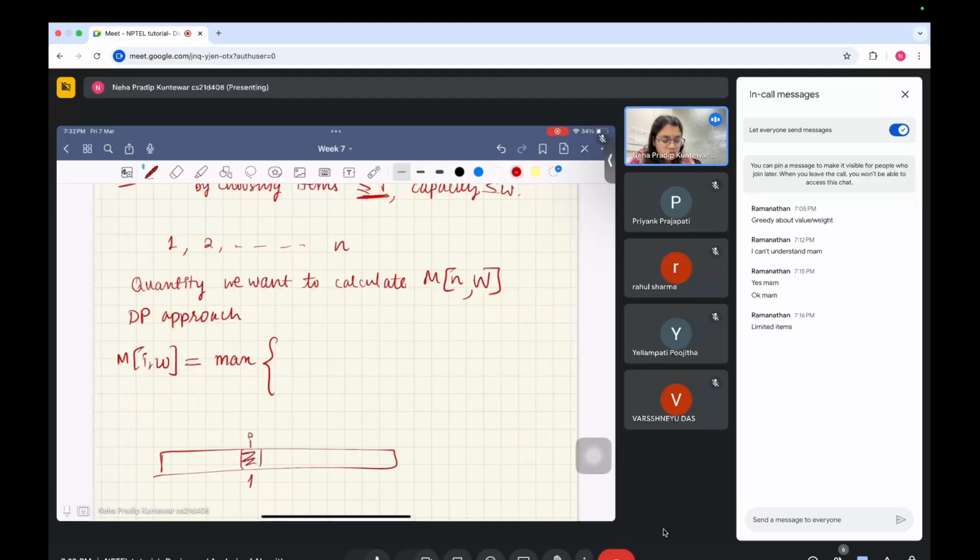Maybe taking this is going to give me the maximum. In that case, let's say I take the item. Then what is the value that I get? The value I get for that is Vi plus, then I want to maximize the remaining weight. So this is m of i minus 1. And what is the weight that I now have to maximize?